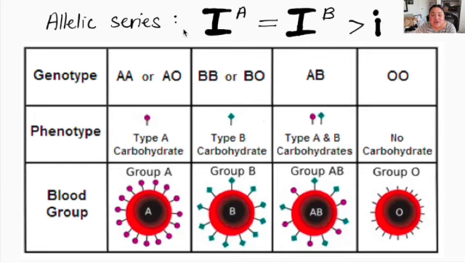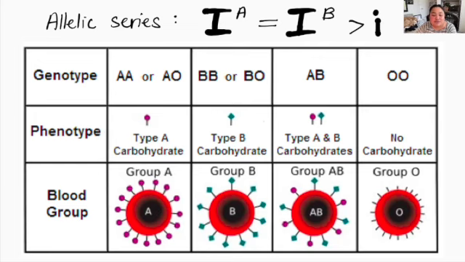Both alleles are dominant over and mask the recessive little i allele, hence the greater than sign. So when the A allele is present with the O allele in the heterozygous AO genotype, the dominant A allele masks the recessive O allele, and the heterozygous individual has type A blood.